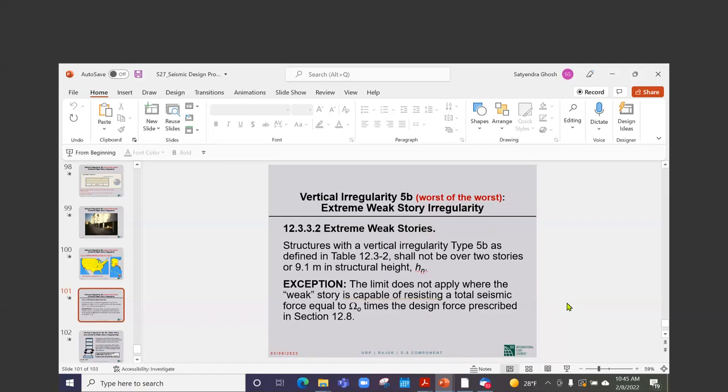Okay, Dr. Ghosh. And a subsequent question to this is, for drift computation, which load combination do we need to check? I don't know why this keeps coming up.